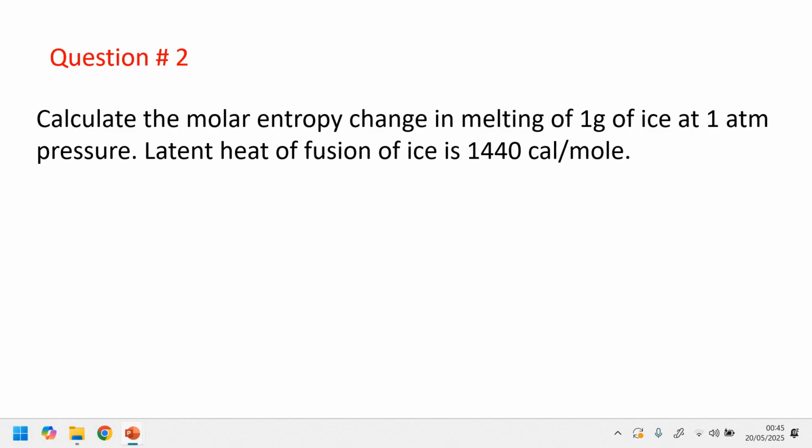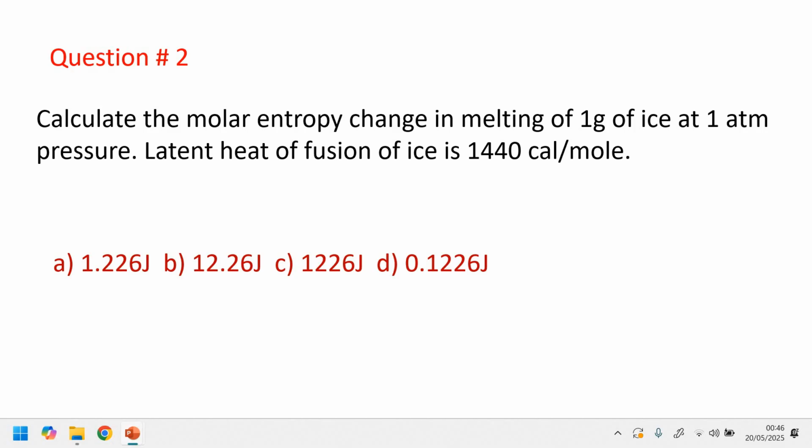Here, calculate the molar entropy change in melting of 1 gram of ice at 1 atmosphere pressure. Latent heat of fusion of ice is 1440 calorie per mole. Okay. Now let's see.